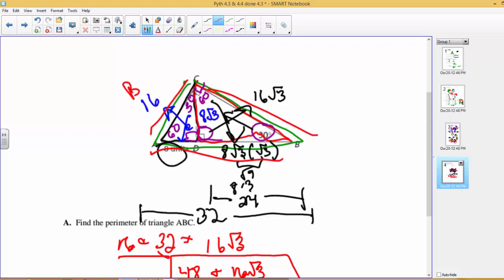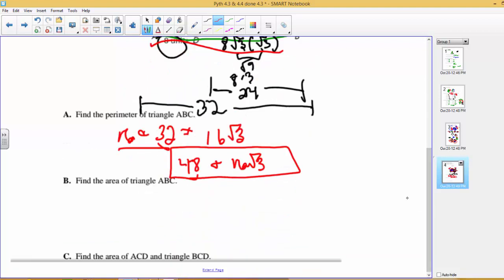So this is your base, and this is your height because they are perpendicular, because they hit to make a 90-degree angle. So one of them's flat and one of them's tall. The base and the height could be changed, but one of them's the base and one of them's the height.